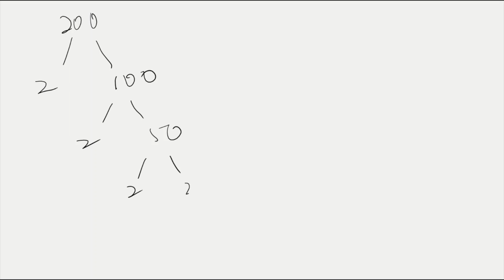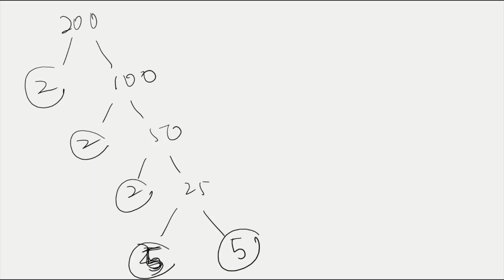Index notation can be very useful because it allows you to write in a short form, for example in a factor tree or division method to find prime factors. So for example, 200 gives you 2 times 2 times 2 times 5 times 5.